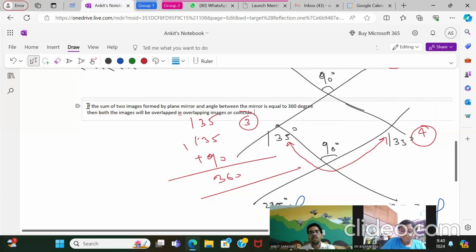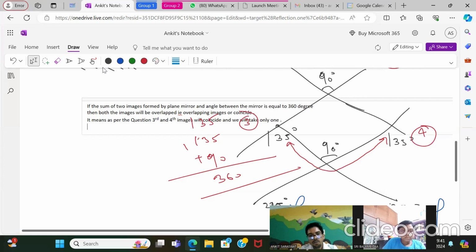Then we will take either one. So as per the example, as per the question, the third and fourth images will coincide, and we will take only one.